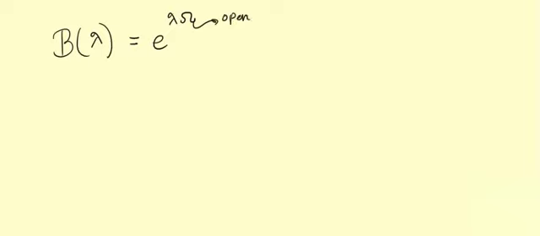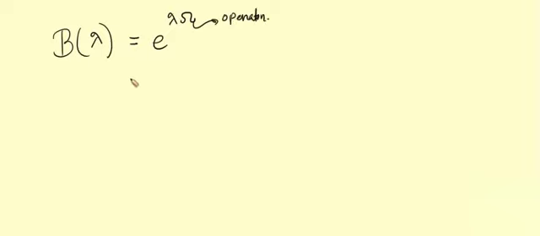Now we want to look at another example, and this will also give us some idea about solving operator valued differential equations, and they are particularly important in quantum mechanics and quantum field theories. So let's try to focus on that. So we are taking some operator, let's call it B, and it has a parameter lambda, and we denote it with e to the power lambda omega, where omega itself is a matrix, that is, it's an operator.